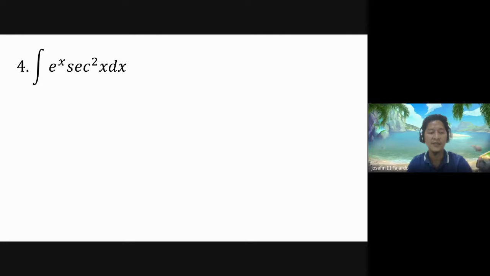Okay, ito. Notice, di ba meron tayong ito, exponential and trigonometric. So, anong dapat ang maging tawag nito?